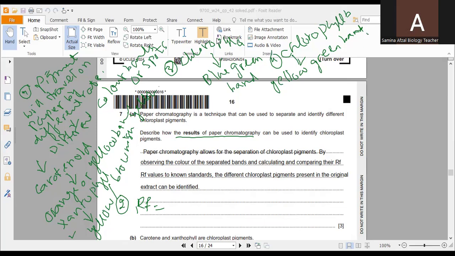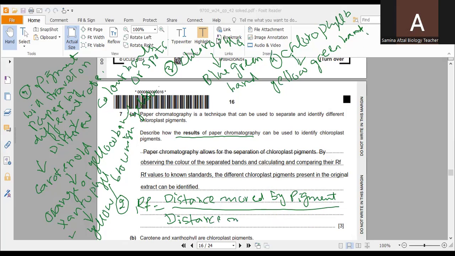Maybe it is also written in your marking scheme, but this is the authentic formula: RF equals distance moved by pigment divided by distance moved by solvent.